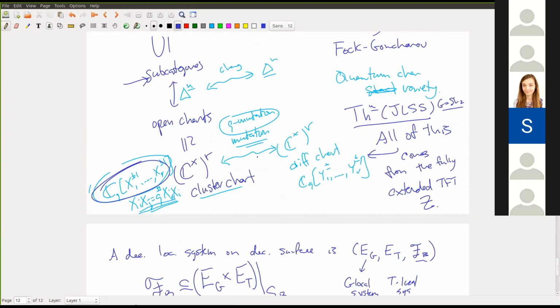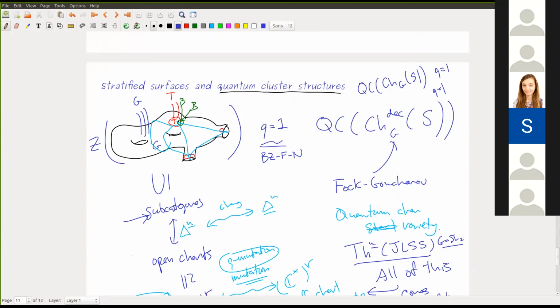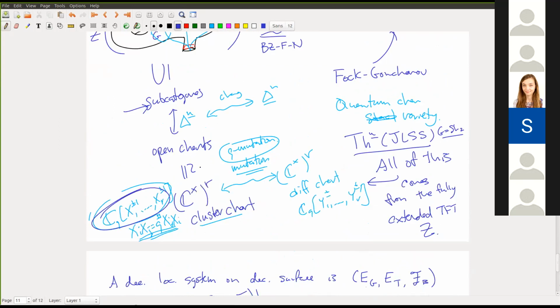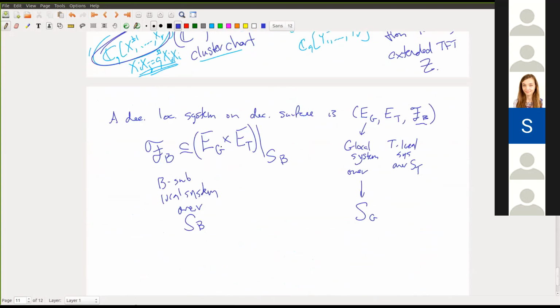So on the pictures here, if I'm on the defect, then I've got a G local system just to one side and a T local system just to the other. So I can just take the external product. I get a G cross T local system, and then I look for a B subbundle inside there.